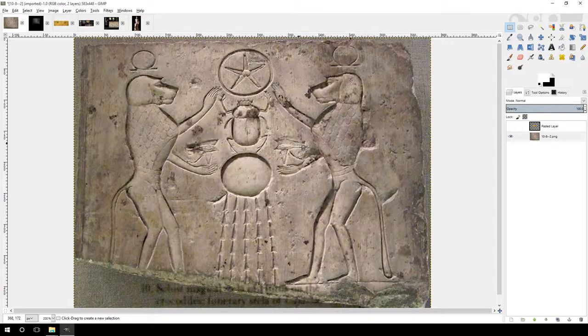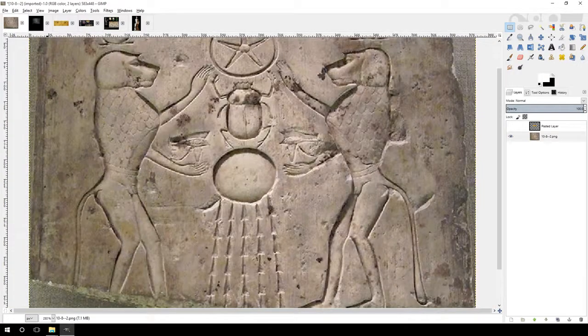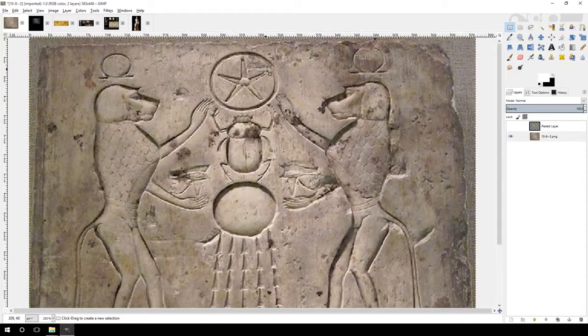And one of the things that I noticed is that we have right here, we have a star at the very top and a circle around it, and we have the scarab beetle. And then we have another circle below that, and then we have the right eye of Horus, and the left eye of Horus.